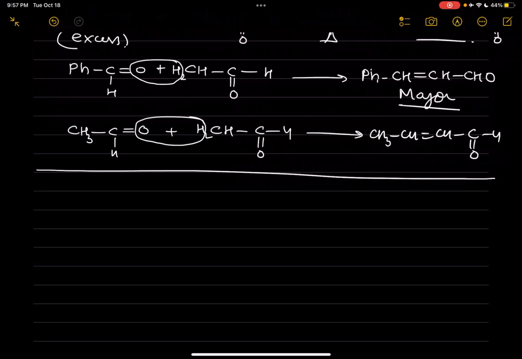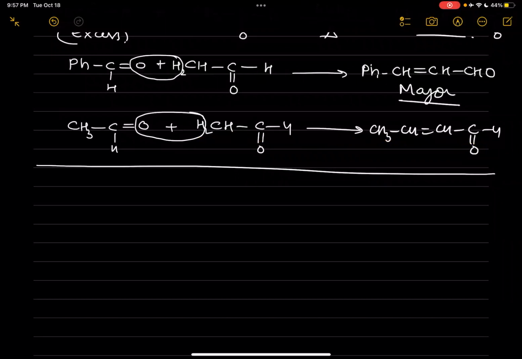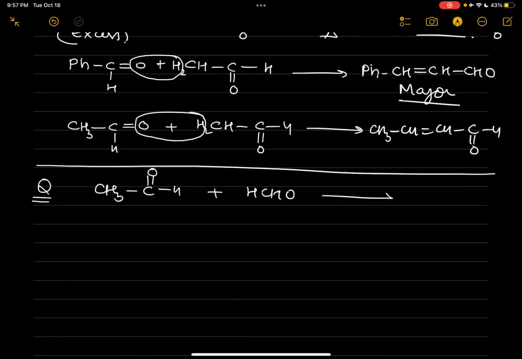And what is intramolecular aldol? So in crossed aldol condensation, one of the aldehydes should not contain alpha hydrogen, right?